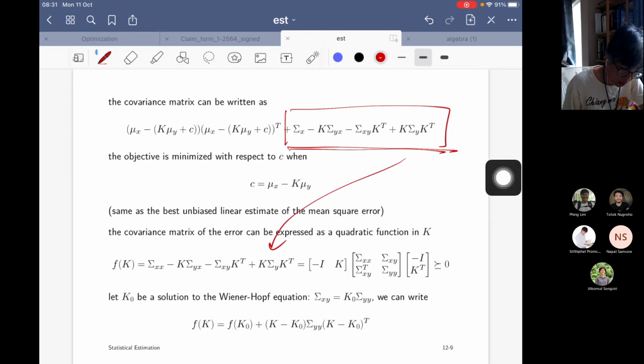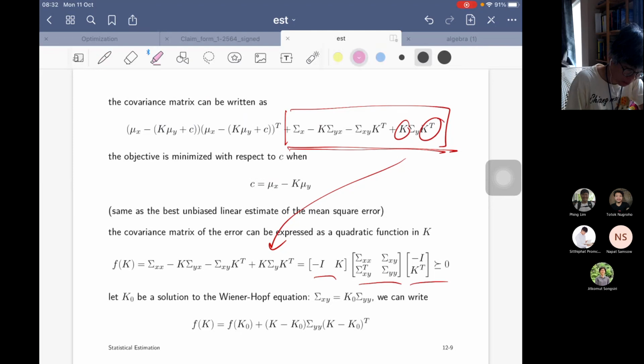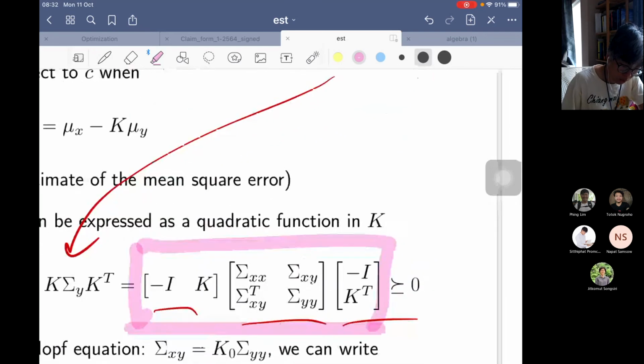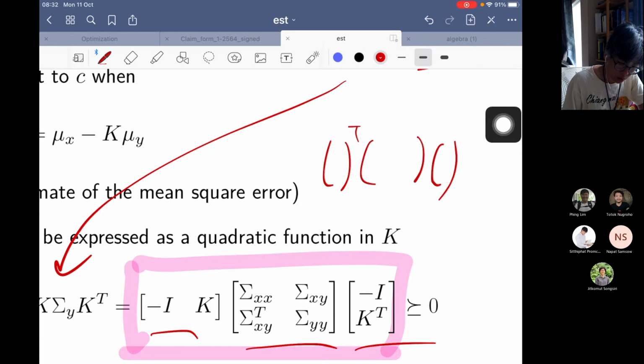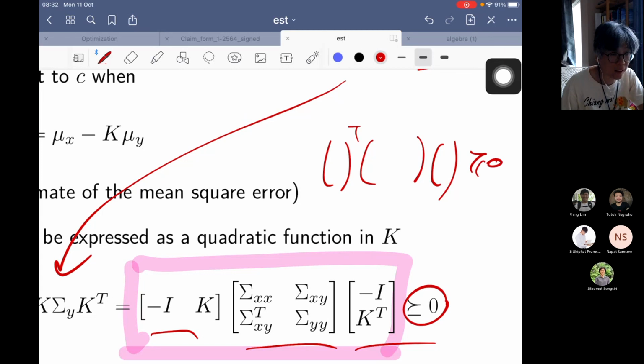Again, you recognize that it is a quadratic function in K. Now you write it in a quadratic form, and please verify the term in the pink box. When you have expressed it like this, it is a quadratic form, so it's guaranteed that this is always non-negative definite.